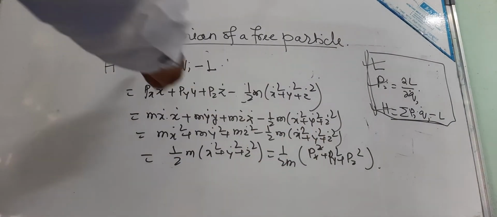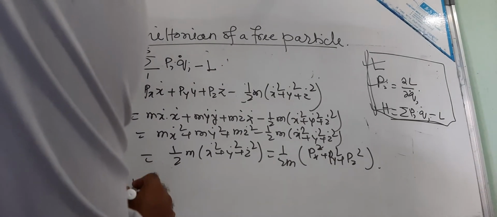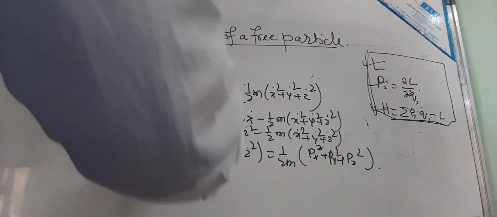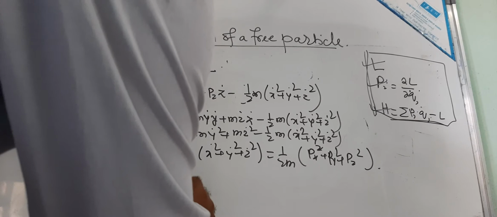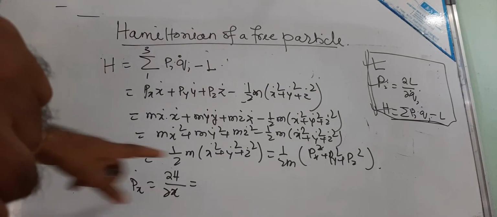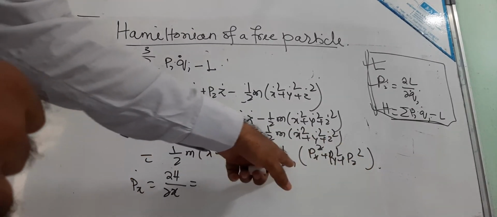of the free particle. Now as you know, Px dot equal to minus del H by del X. If you find out the derivative of H with respect to X, this is equal to 0.